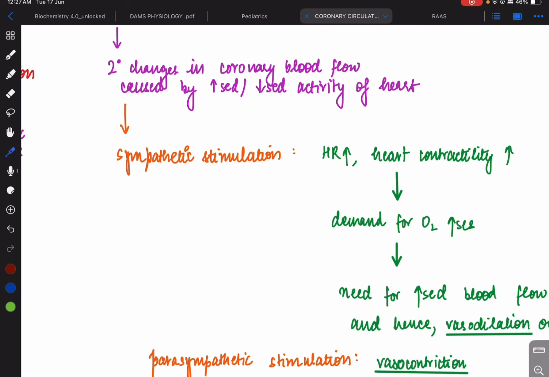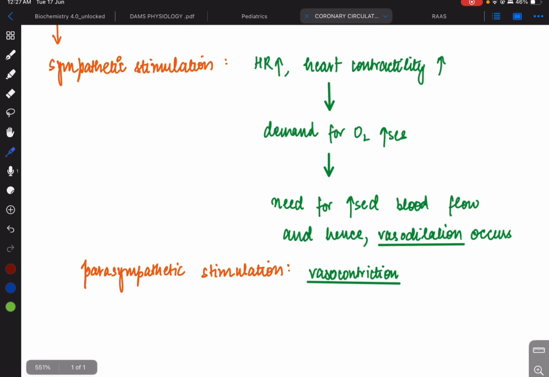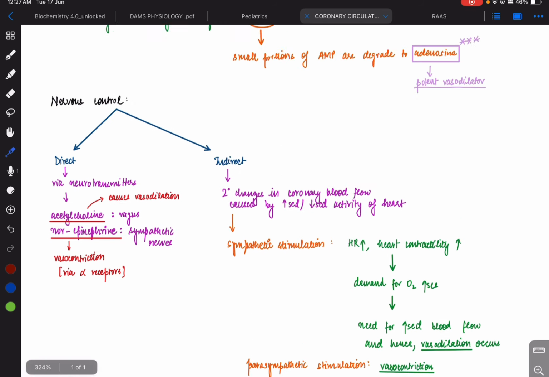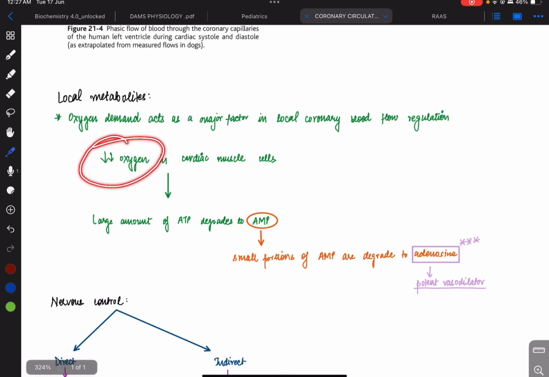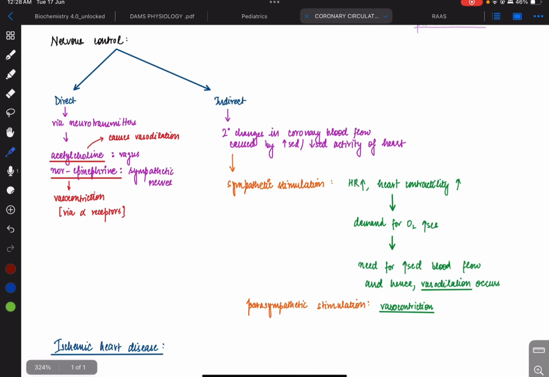So the demand for oxygen will also increase. This will lead to increased blood flow and hence vasodilation occurs. We talked about it earlier that whenever there is increased oxygen demand or decreased relative oxygen in the cardiac muscle cells, there is release of adenosine and hence this causes vasodilation. Same is the mechanism that occurs here.